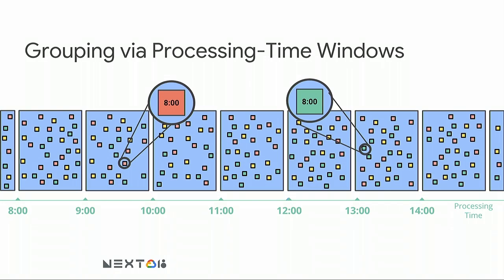We want to count the number of events that happened per user. For batch, it's easy because it's bounded. We just read the input stream, and then as soon as there's no more data, we stop processing and we calculate the result and emit it. For streaming, we can't do that. You never run out of data, so there's no way of saying, like, this is the time where I output the count that I've seen.